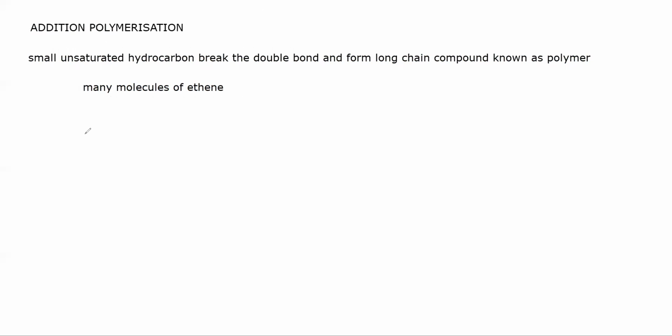So if I draw the structure of ethene, this is one molecule of ethene, C double bonded with C, one hydrogen up, one hydrogen down. Then this will be another molecule of ethene. Then this will be another molecule of ethene.